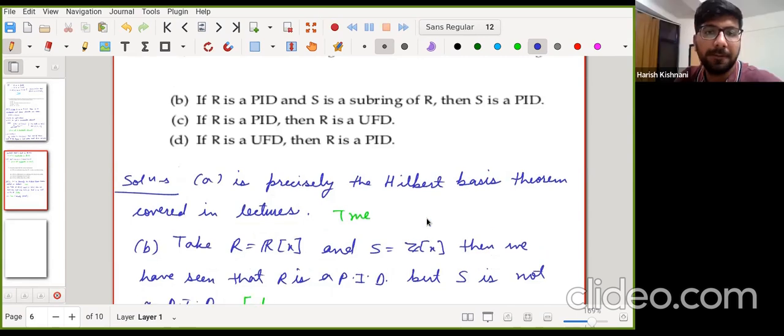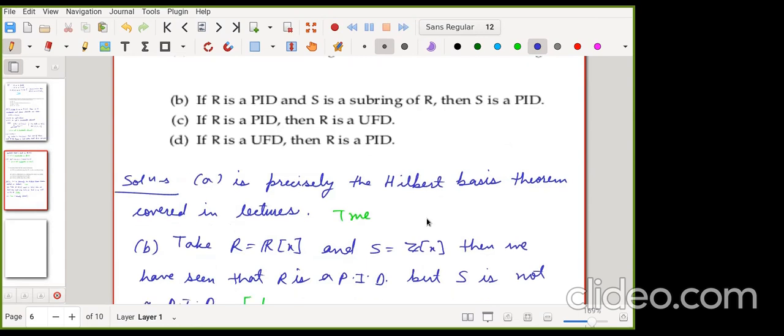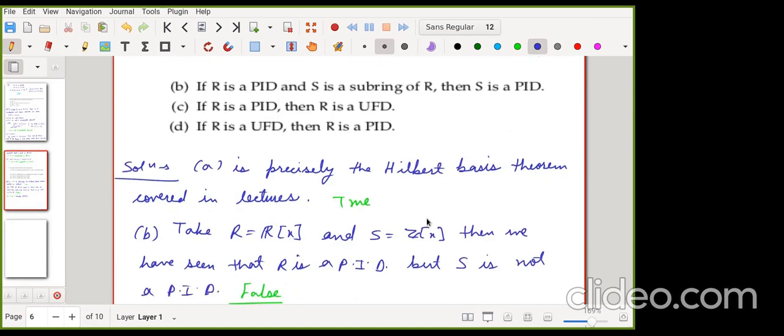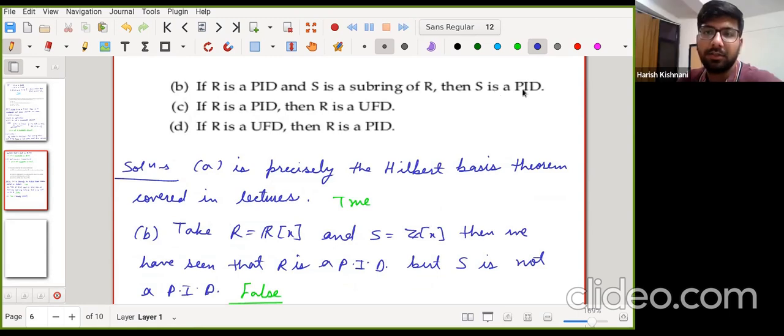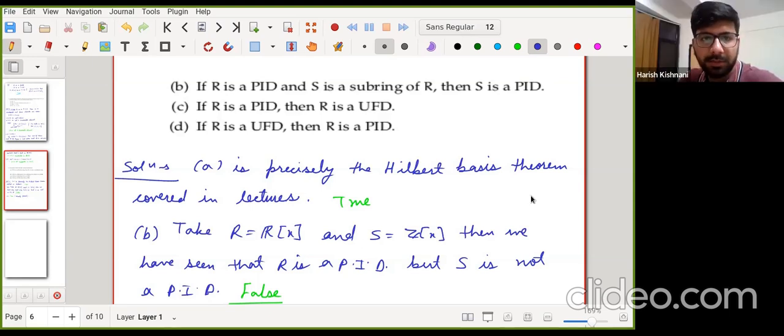But in the original question, S is Noetherian, not PID. What original question? Question B: if R is a PID and S is a subring of R, then S is a PID. Yes. But in the original question paper, it is given S is Noetherian. Is it?